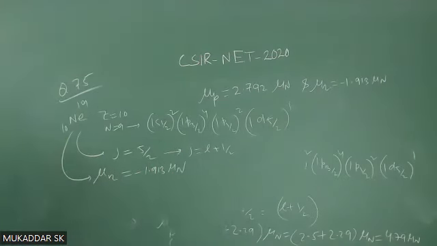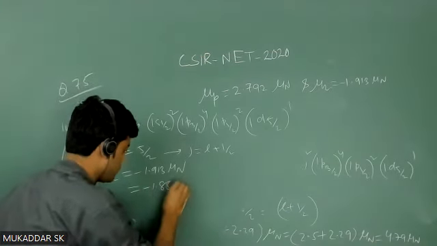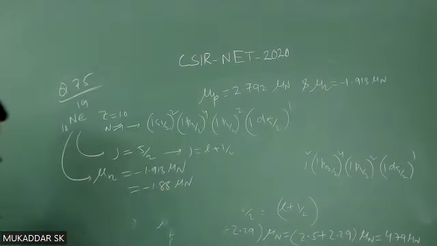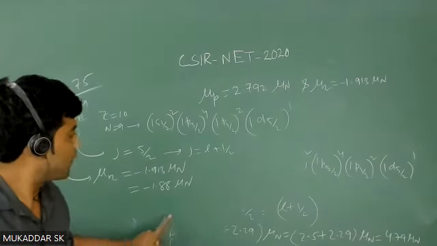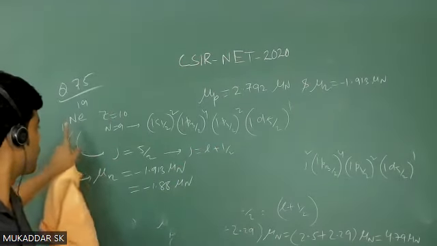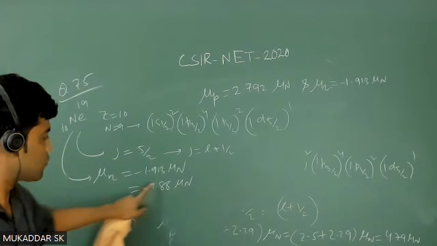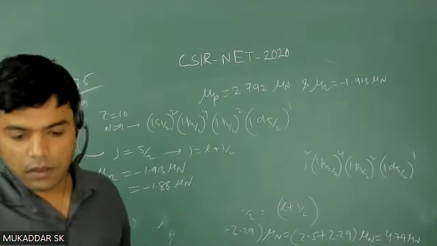According to the given options, that was close to minus 1.88 mu n. So according to the given options, the magnetic moment of fluorine nucleus will be 2.62 mu n, and the magnetic moment of neon nucleus will be closest to minus 1.88 mu n. So this is the correct option. Thank you.